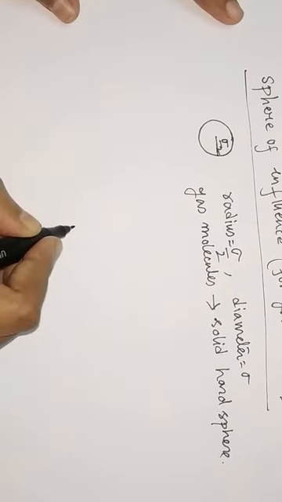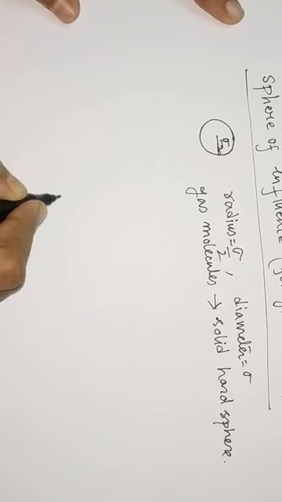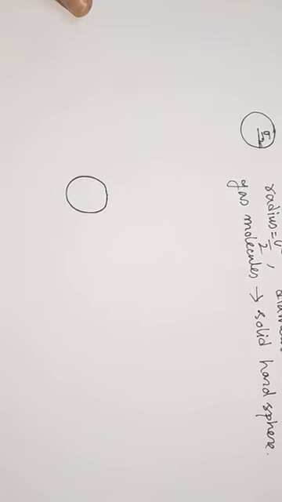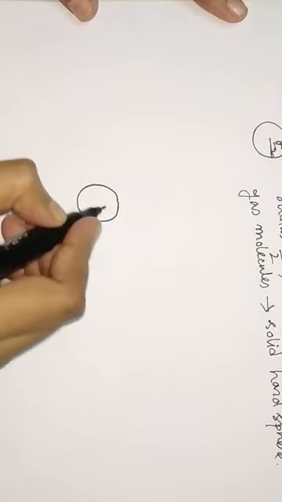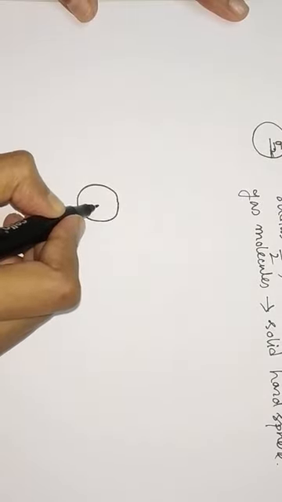Now suppose we have one such gas molecule whose radius is sigma by 2.